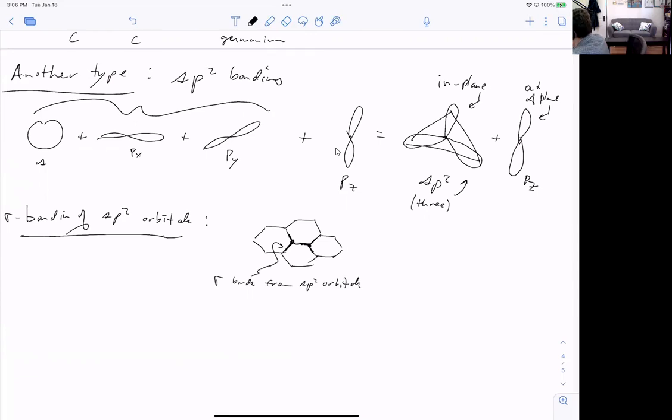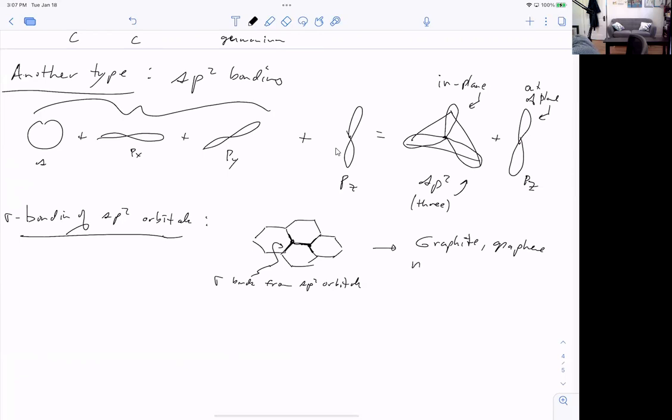And that's important because that leads to materials such as graphite, graphene, because every intersection here is a carbon atom.